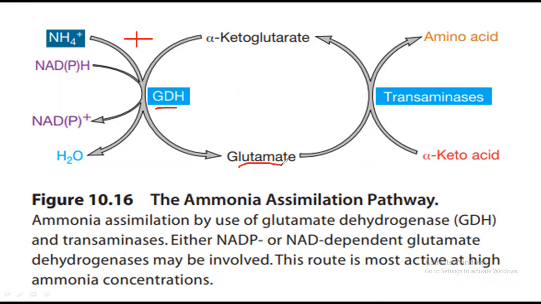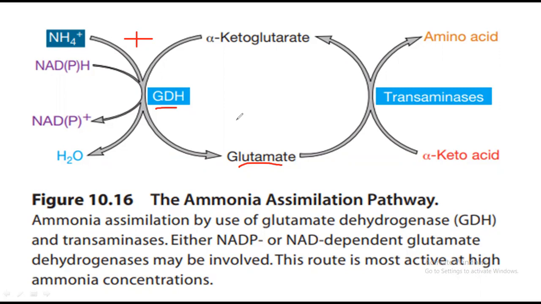And I want to tell you guys, listen carefully. Glutamate is the first amino acid that is formed inside a bacterial cell, and the easiest way to form an amino acid is glutamate, because it is formed in a very easy way.